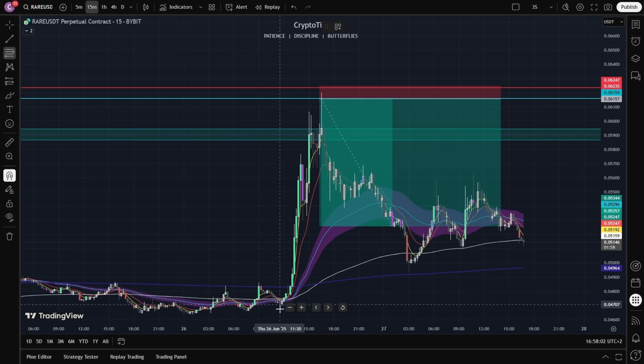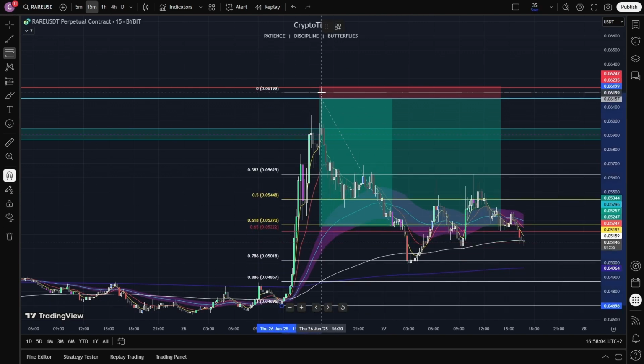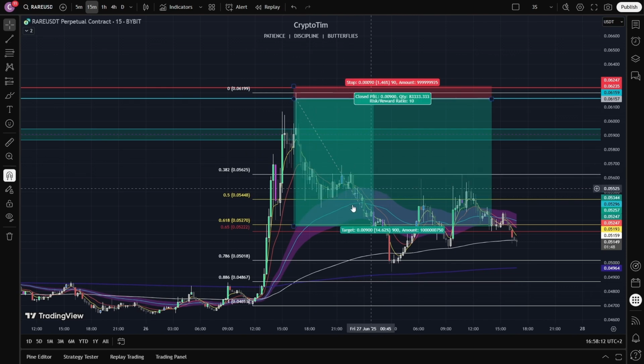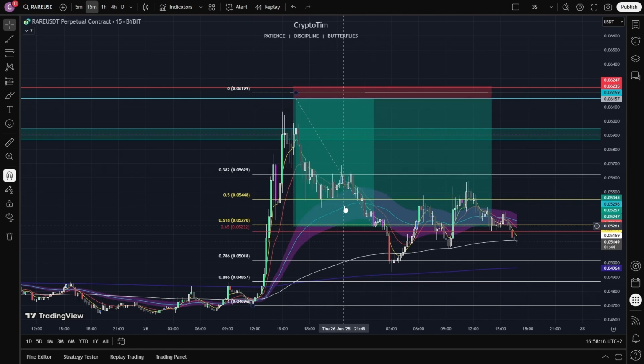We can check our FIBs from our impulsive move. They pulled it down very aggressively to the 0.5 FIB level. We can see we had some type of reactions here. We consolidated a little bit there, but eventually that also broke down, filling our TP at the 618.